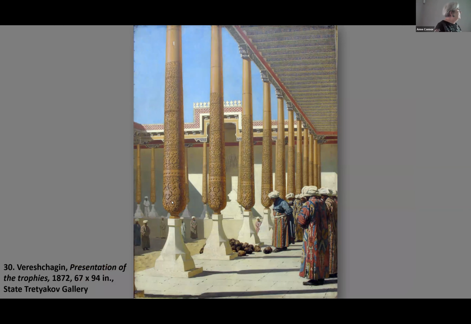This is another of these beautiful works, again in Samarkand, at the mosque, and you see the presentation of the trophies, a whole series of heads that have been put down at the feet of the victor. But his attention to the detail of the architecture is absolutely extraordinary.